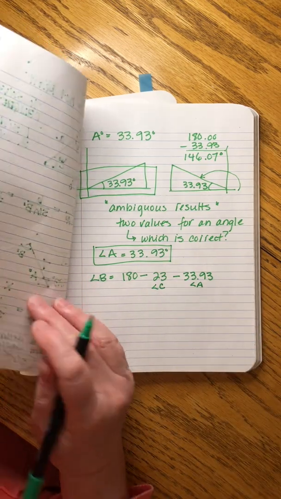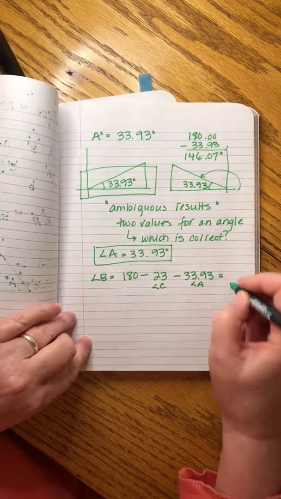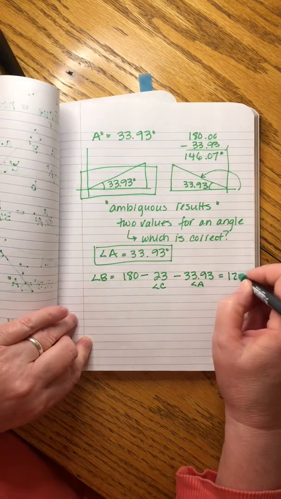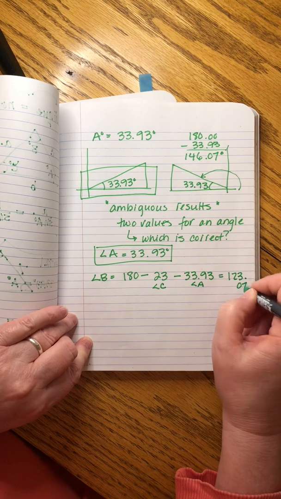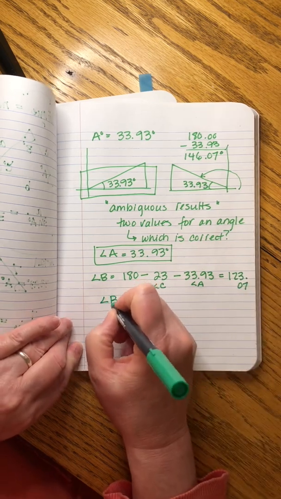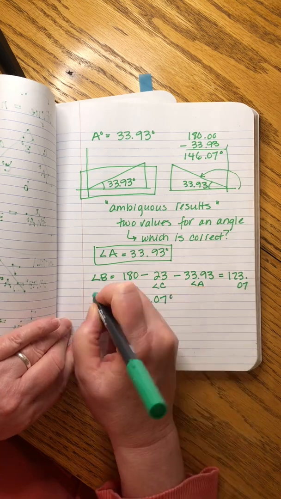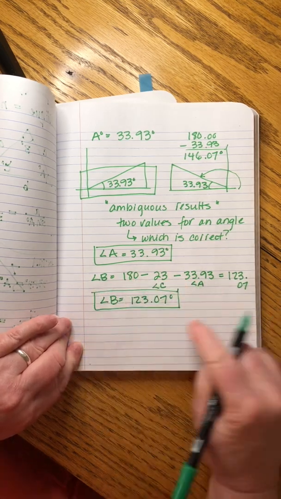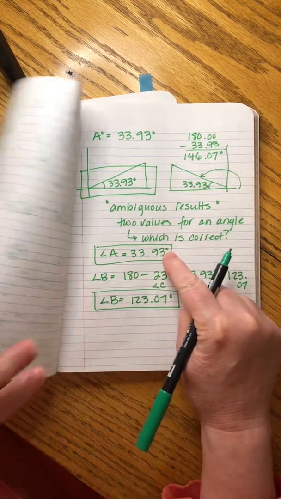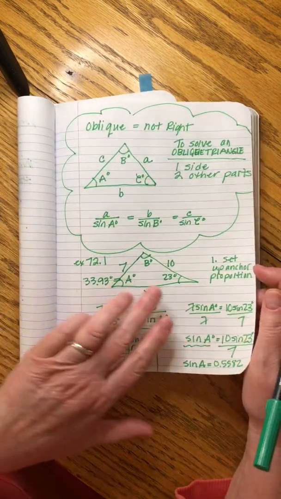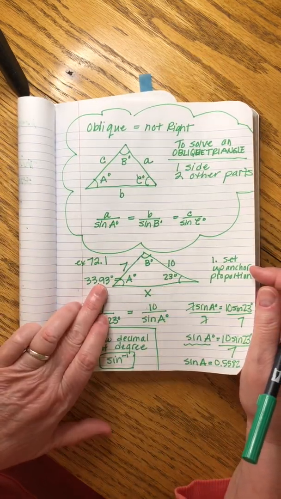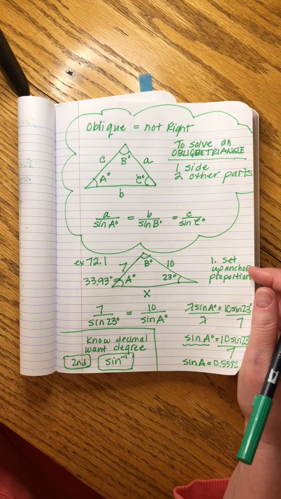So it's 123.07, and we say that angle B equals 123.07 degrees. We did not have to use the law of sines to find that. We just subtracted from 180 because we had these two angles.